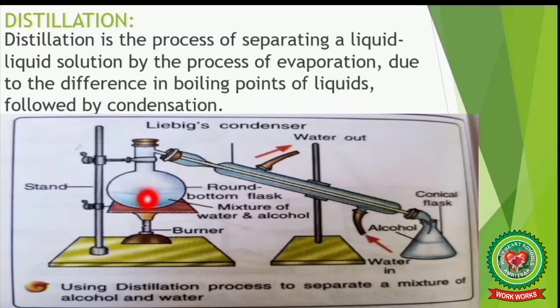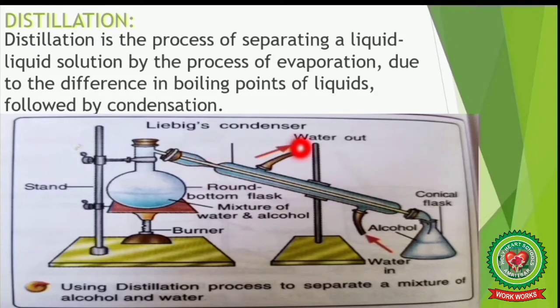The mixture is taken in this round bottom flask and heat is supplied to the mixture. The liquid whose boiling point is less will get converted into vapors first. The vapors will rise up and pass through this tube, called Liebig's condenser. In this condenser, there is an internal tube through which the vapors pass and cold water is circulated.